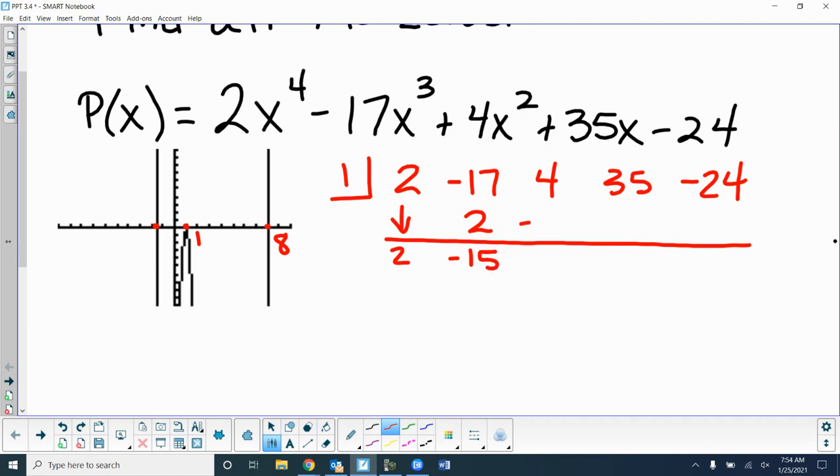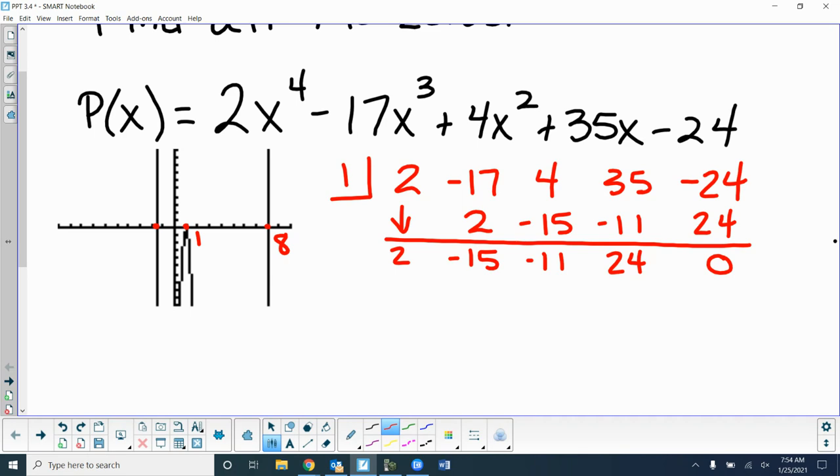And 1 times negative 15 gives me negative 15, and then I add those, and that's negative 11. And 1 times negative 11 is negative 11, and that's 24. Wait, adding gives negative 24, and 1 times negative 24 is negative 24, and I get a 0, which is supposed to happen, right? We all realize that has to be 0 when we do this, right? Because it told us that it's a 0.